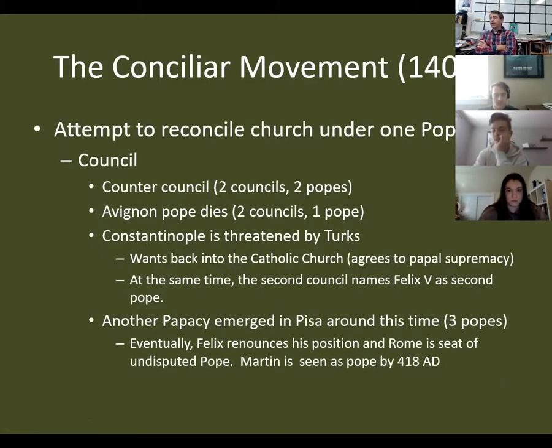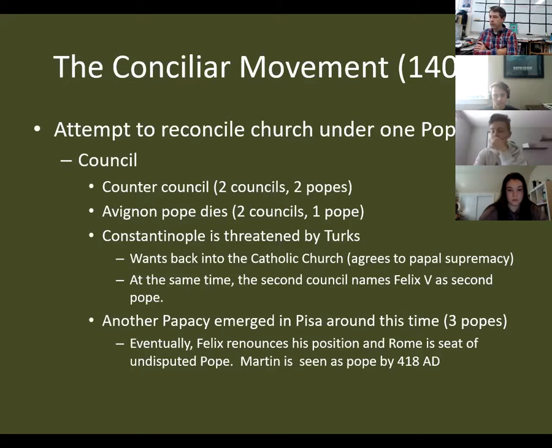Wouldn't it be nice if we had our own pope too? And so we have for a while three popes, one in Rome, one in Pisa, and one in Avignon. Eventually, and fortunately for the church, the Pope in Avignon, Felix, realizes that this can't go on. This is just dividing the church. And so he renounces his position.